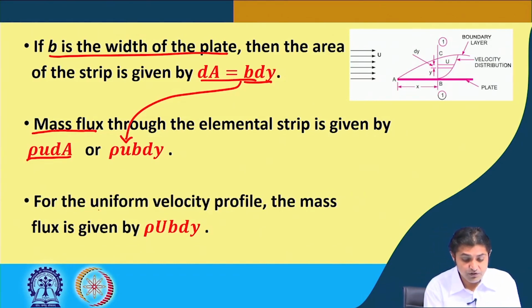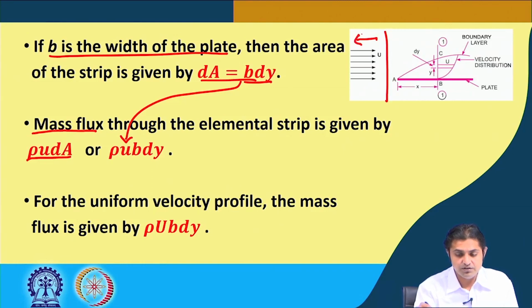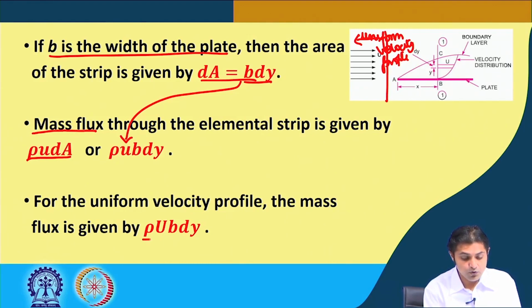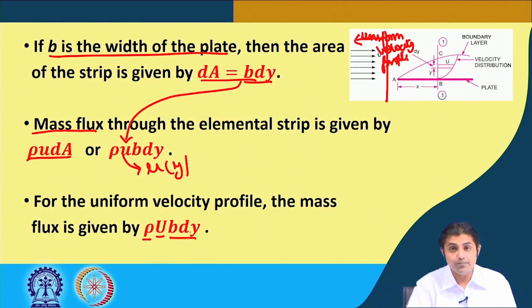Whereas, for the uniform velocity profile that exists in a region below this, the mass flux is given by rho into capital U, because this is the full velocity U. Here it is u as a function of distance y. So, here it is rho U B dy.